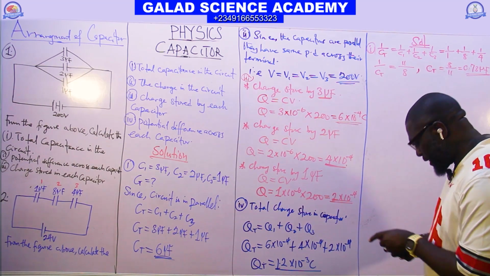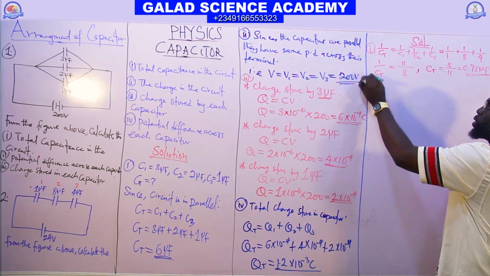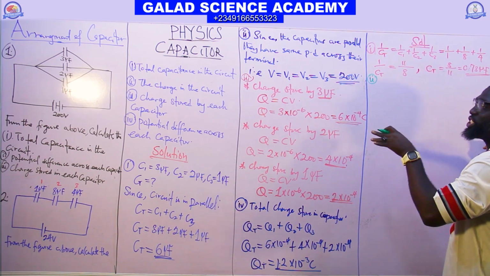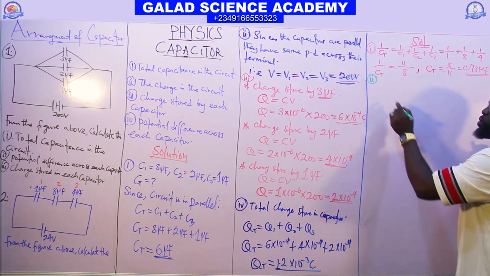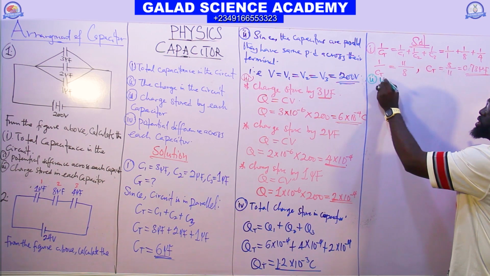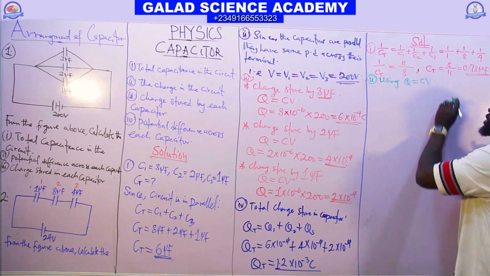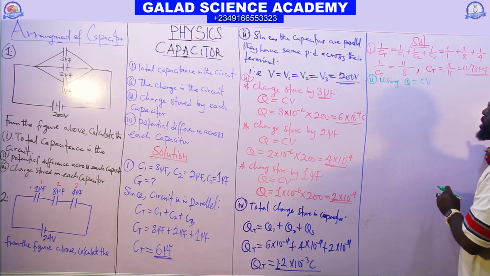Good. You can now say Roman figure 2, the charge in the circuit, using Q equal to CV to know the total charge in the circuit.